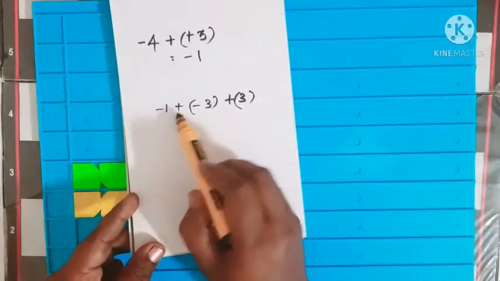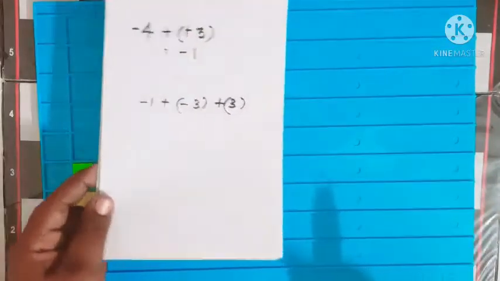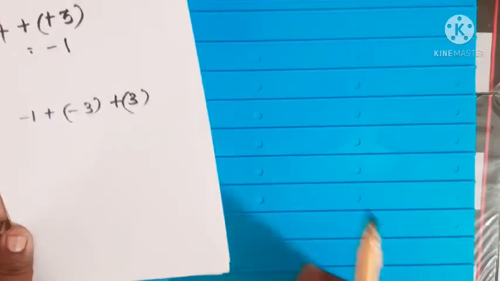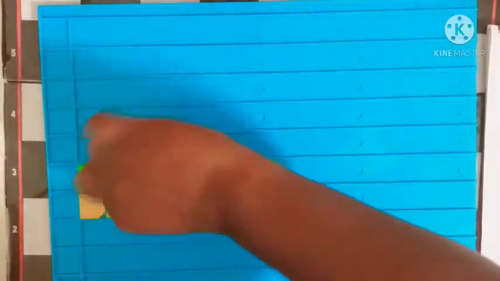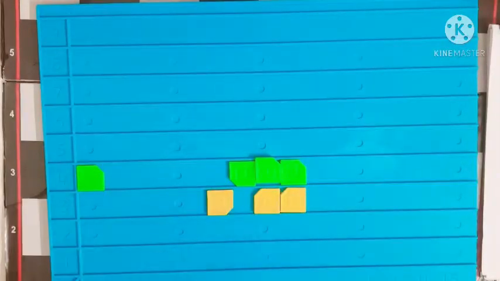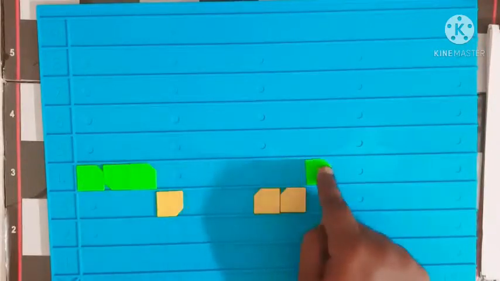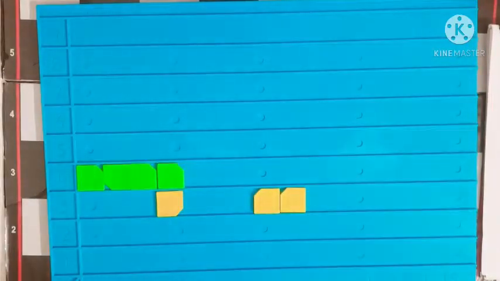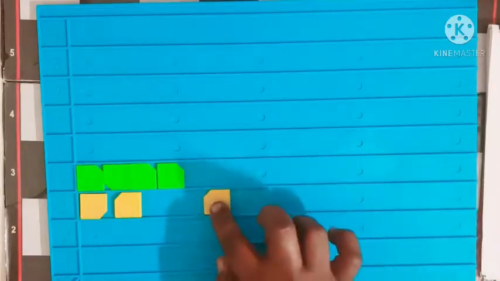Fine. Like this, I am going to do another one: -1 plus -3 plus 3. This is the way we are going to do it now. So first -1. For negative numbers, you can take out the coins. So I take -1, then -3: 1, 2, 3.